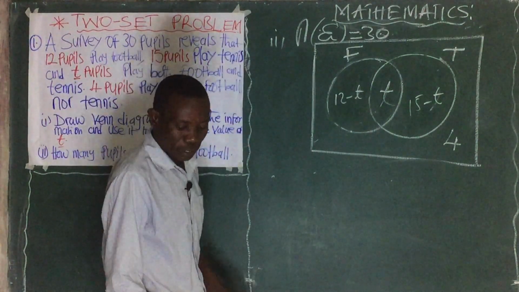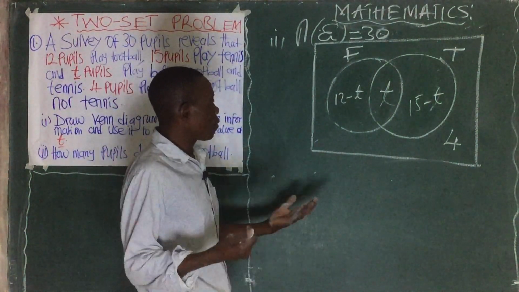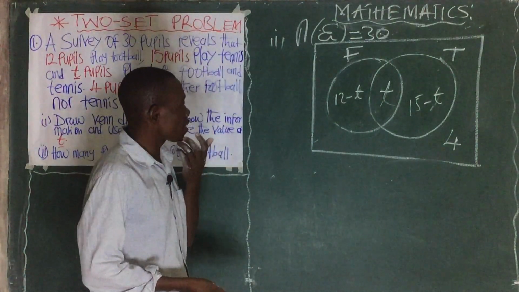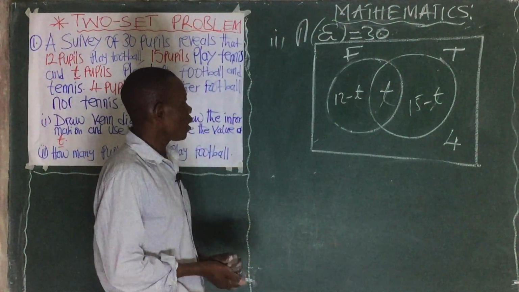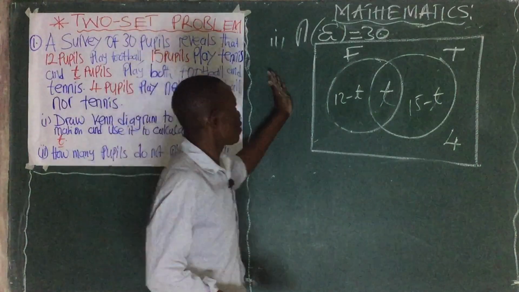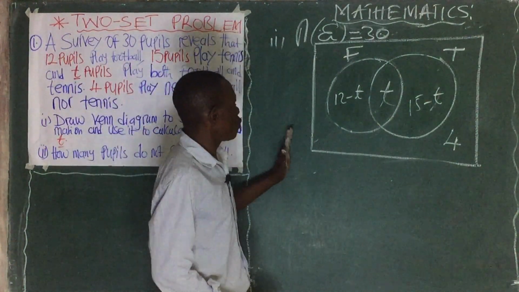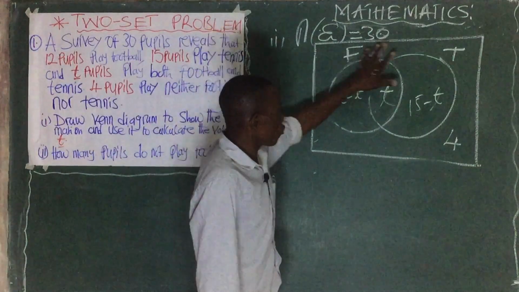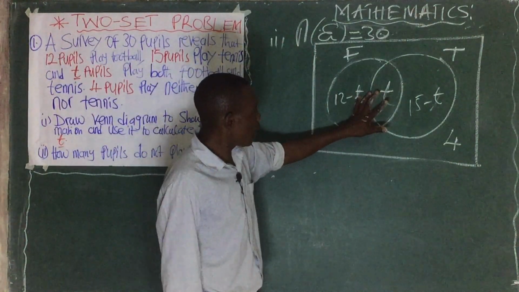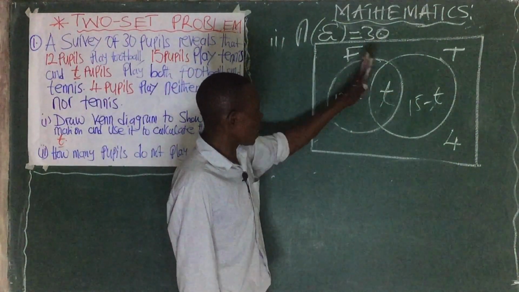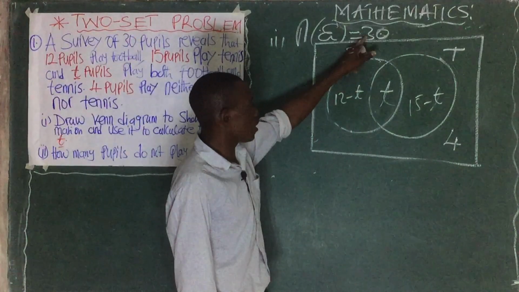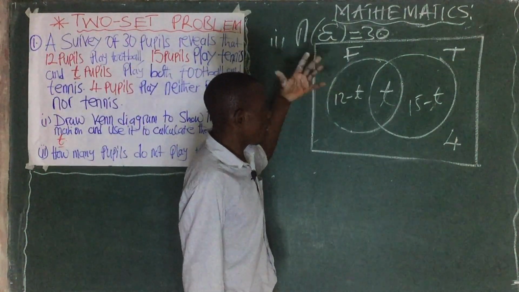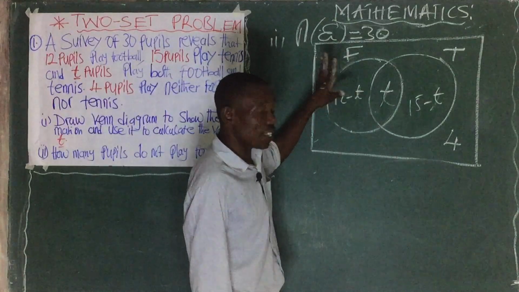To find t, applying some knowledge of mathematics, you can detect that this is one thing comprising 30 members, meaning all the spaces inside here with their numbers. When we add their numbers, they give us 30. This space outside here is the number of students who play neither of the games.